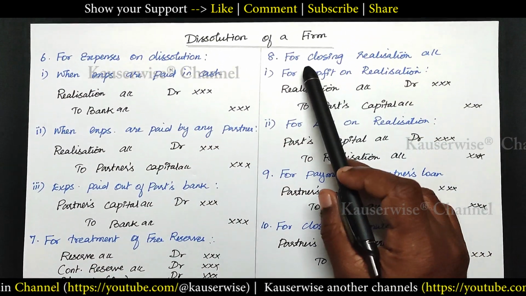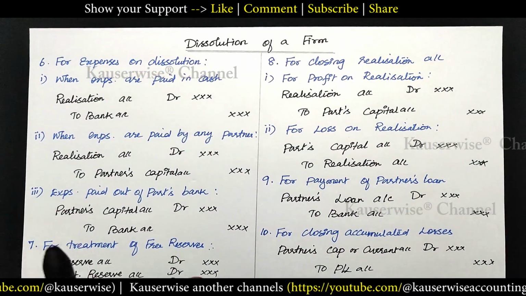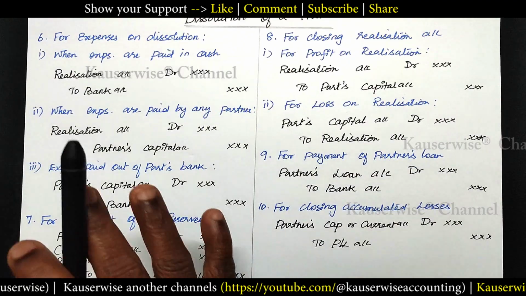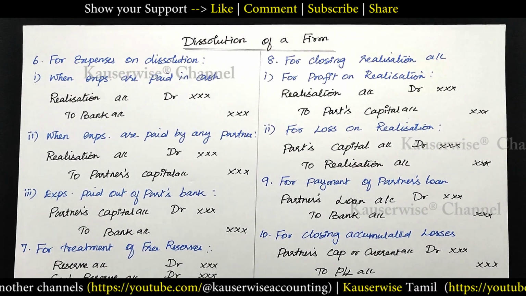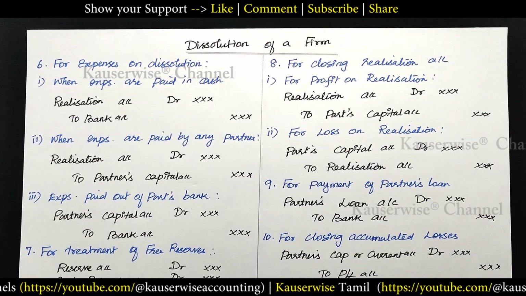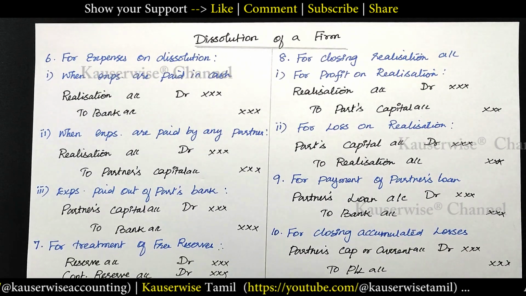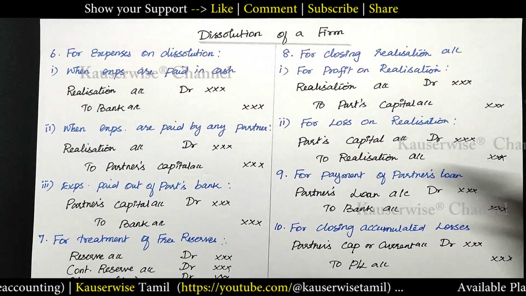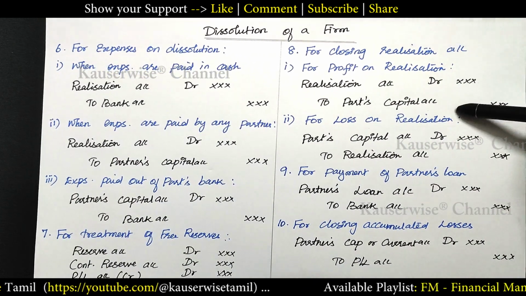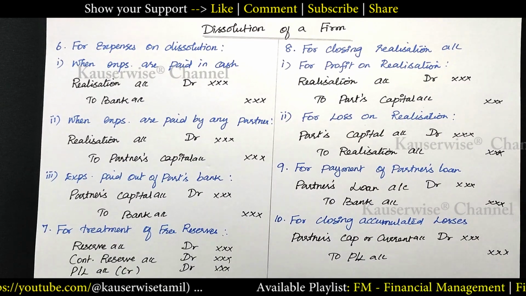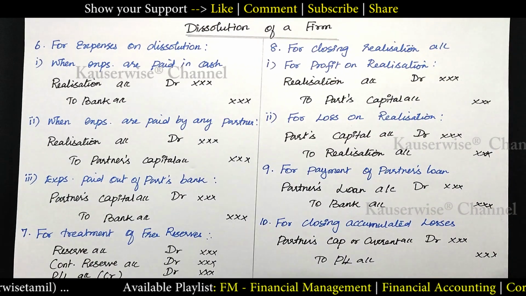The next one, for closing realization account, after making all these entries, we need to prepare the realization account. Just post all these journals into the ledger. After preparing the realization account, finally you will get a balancing figure either on the debit side or credit side. If you get a balancing figure on the debit side, that is profit on realization. So what is the entry for that? Whether it is profit or loss, it will be shared by all the partners according to their profit sharing ratio.